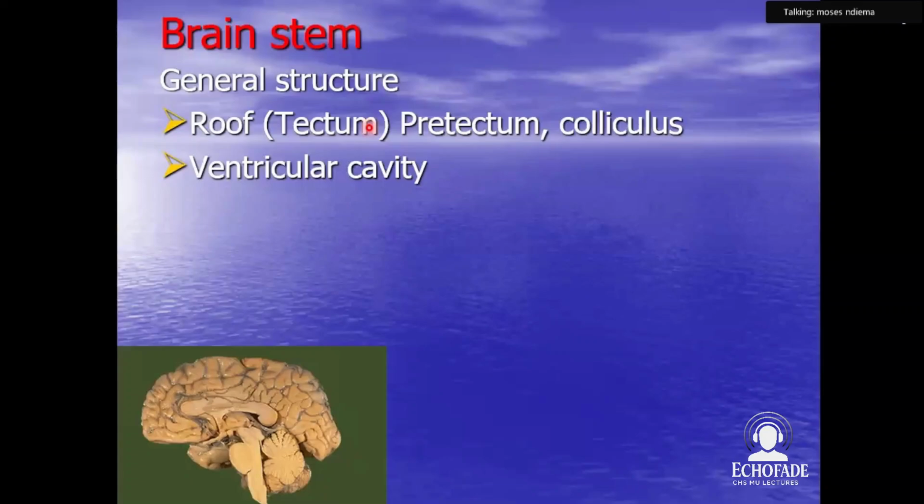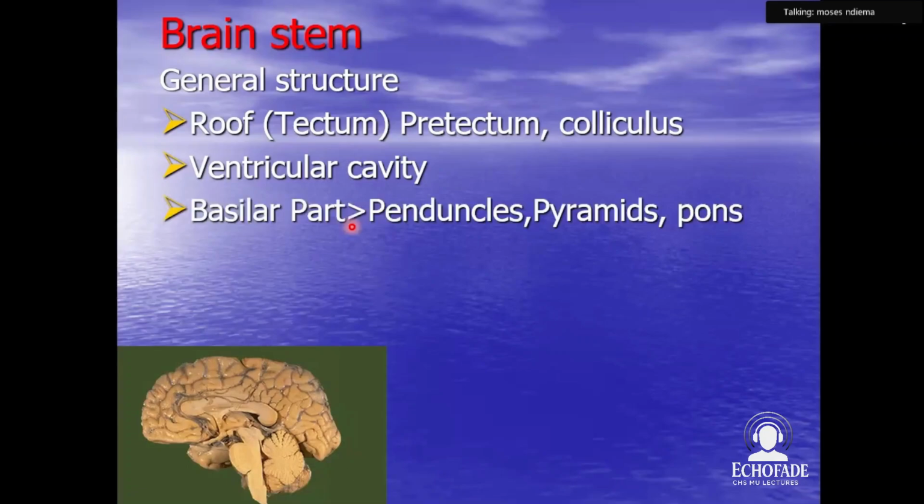So when we talk about the pretectal nucleus or the colliculus, this is what we are talking about, the roof. Then we have the ventricular cavity, and the ventricular cavity in the brainstem comprises the Sylvian aqueduct, the remnant of the mesencephalon, and the fourth ventricle.